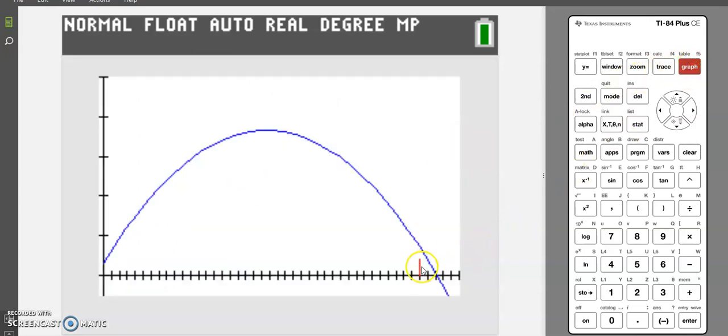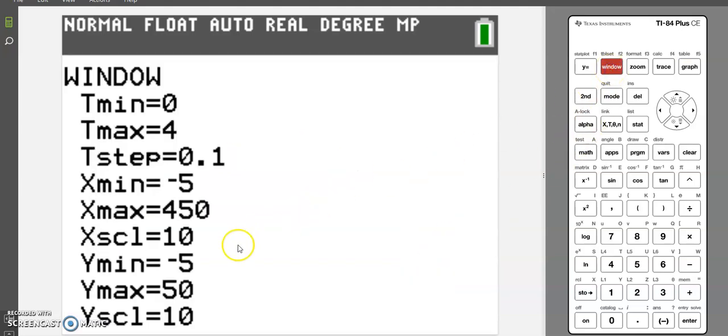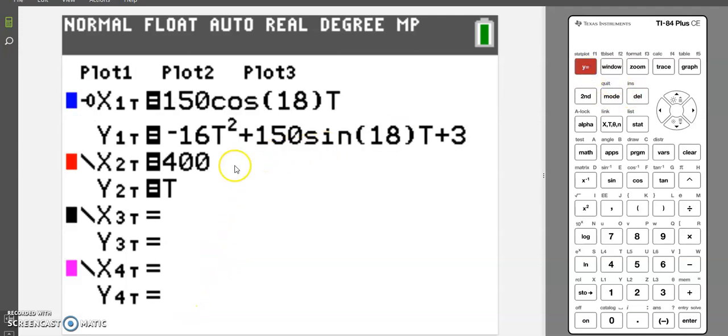So now you can see right here, there's a little red vertical line there. The problem with that is though we were supposed to make it, how high was it? It was supposed to be 20 feet high. So let's go back to our window again and take a look. If T runs from 0 to 4 like it showed in our window, that means that fence is only going to be 4 feet high.